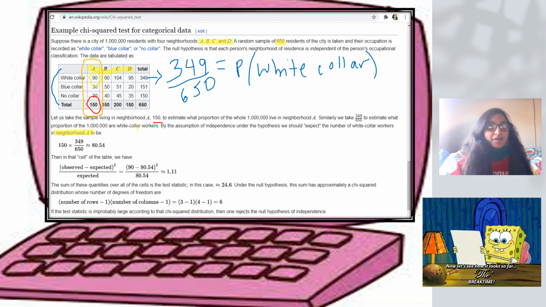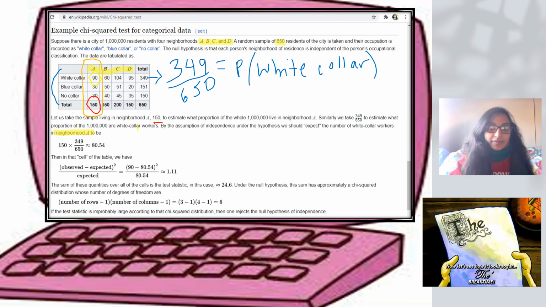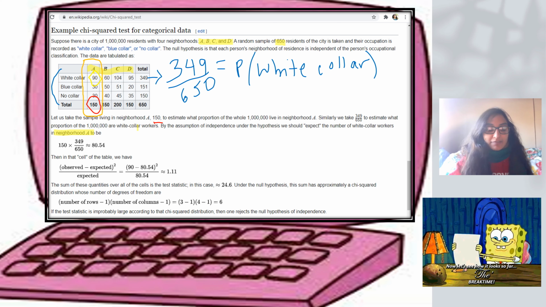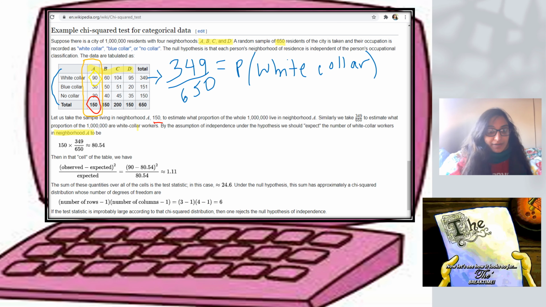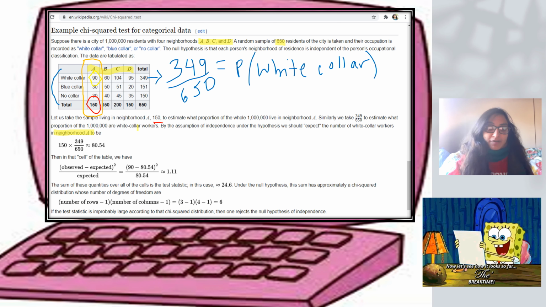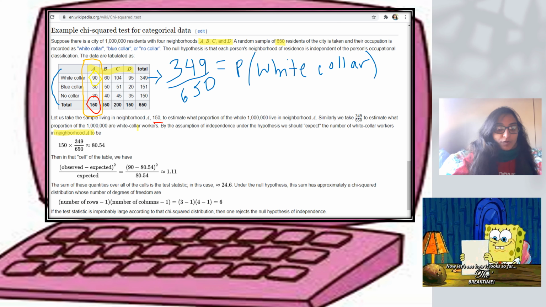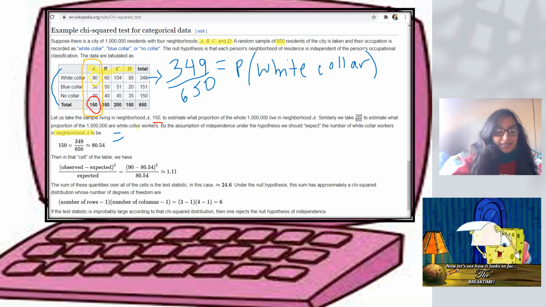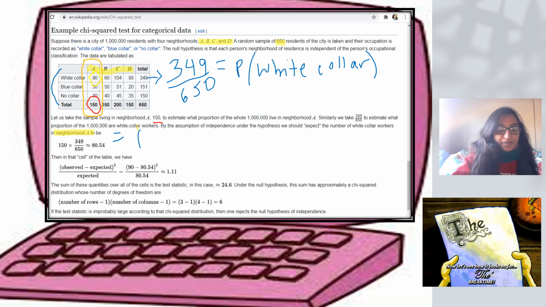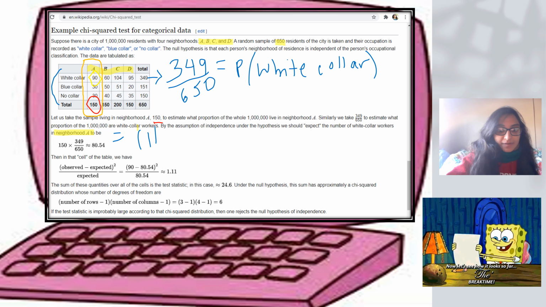So then by the assumption of independence, if there's really no impact of being white collar on living in neighborhood A, then we should expect the number of people in neighborhood A would be the total number of people in our A sample. So number of people in A. So actually, let me write that in red.